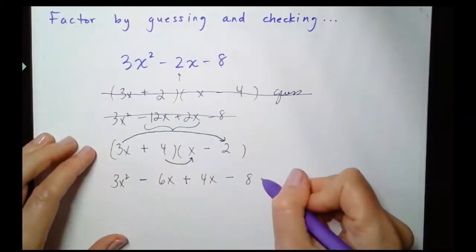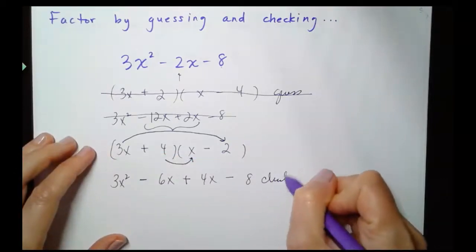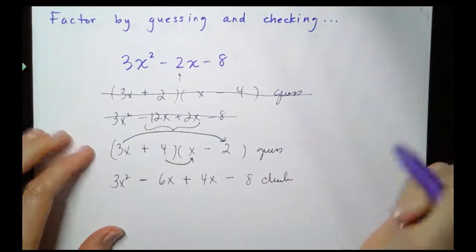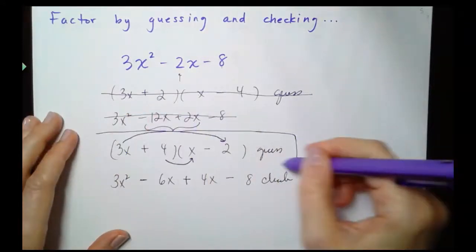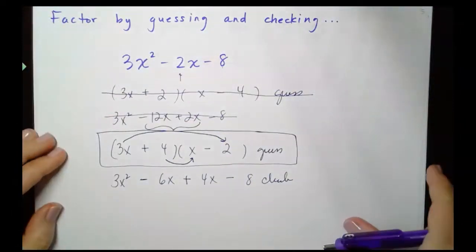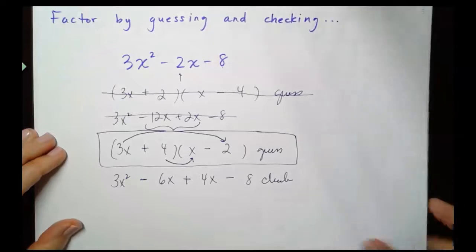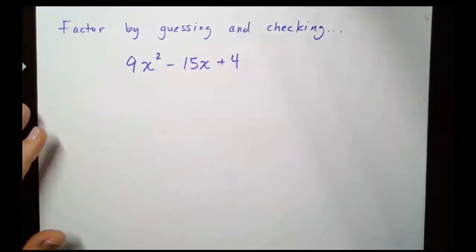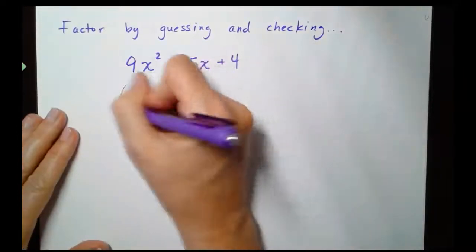So we just used our check in order to help us correctly guess the signs of our answer. That was a little inside scoop into factoring and what should be going through your mind when you do these problems. Almost done. Factor by guessing and checking.